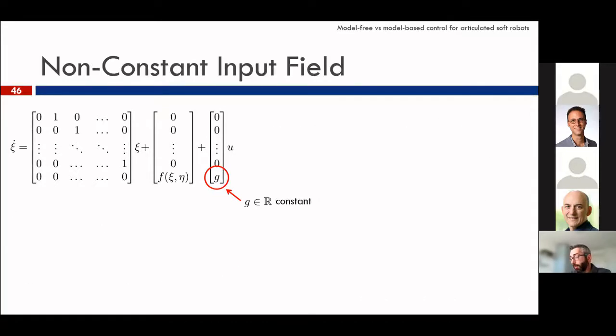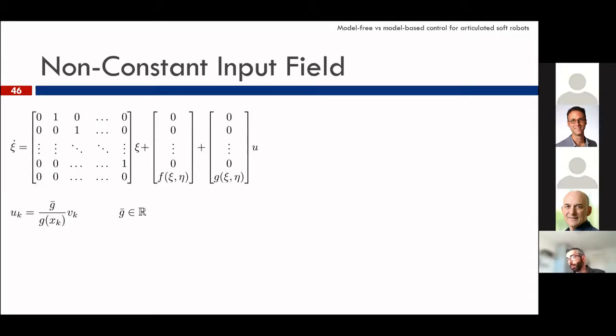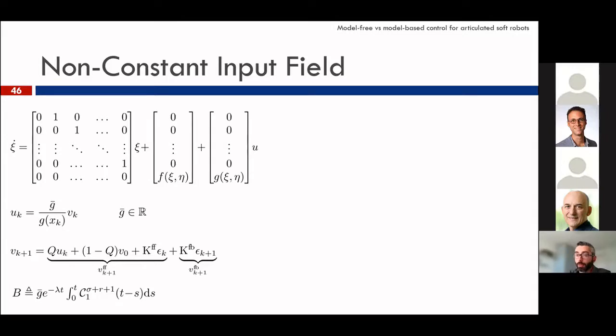But in our case, for the 2D soft inverted pendulum, G is not constant, it is actually a G of X. So we can change our controller from the previous one to this new one, where we have a new control input V. So we can apply iterative learning control on V. And if the previous condition is satisfied, then convergence is guaranteed.